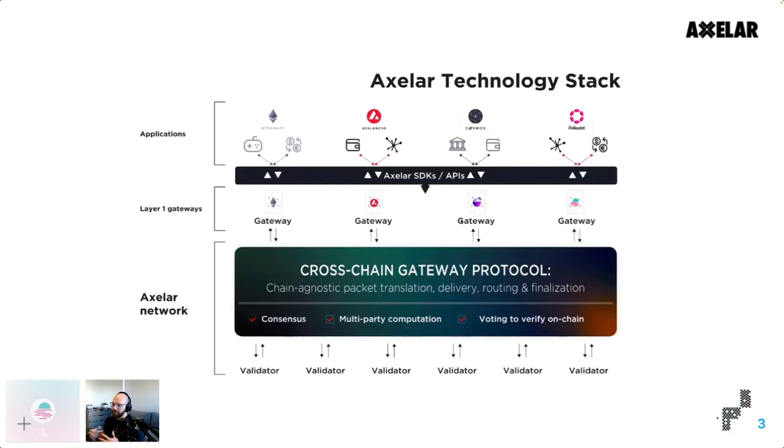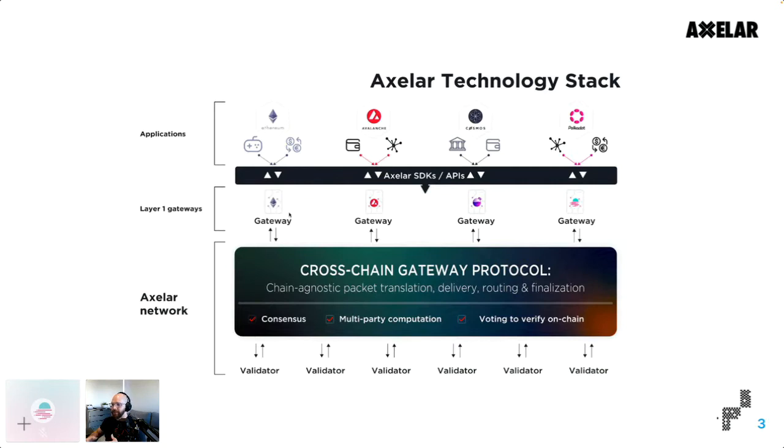A quick glance at the infrastructure of the Axelar network: it is connected to different chains through gateways. Let's say we have Ethereum, Avalanche, and Moonbeam, which are all connected to Axelar at the application layer. You interact with Axelar through the gateways that we have deployed on every chain.